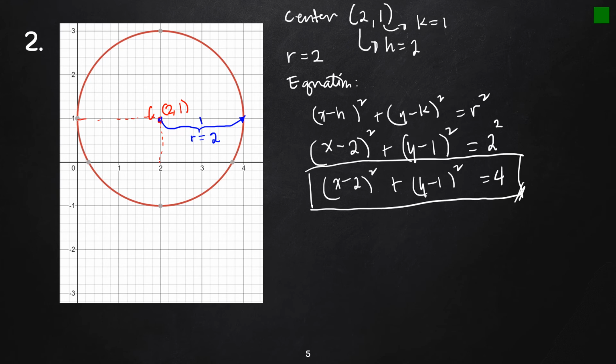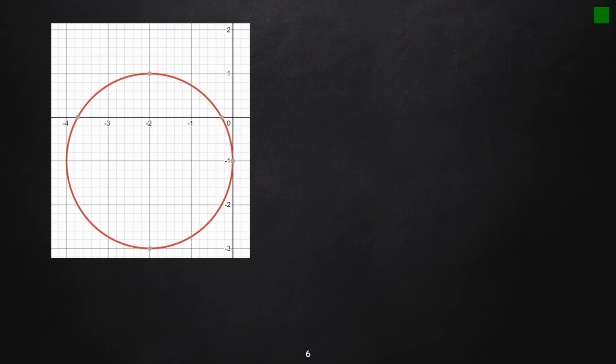Let's proceed to the last example. Alright, example number 3. So let's try to find the center of our circle. The center is obviously this point here.